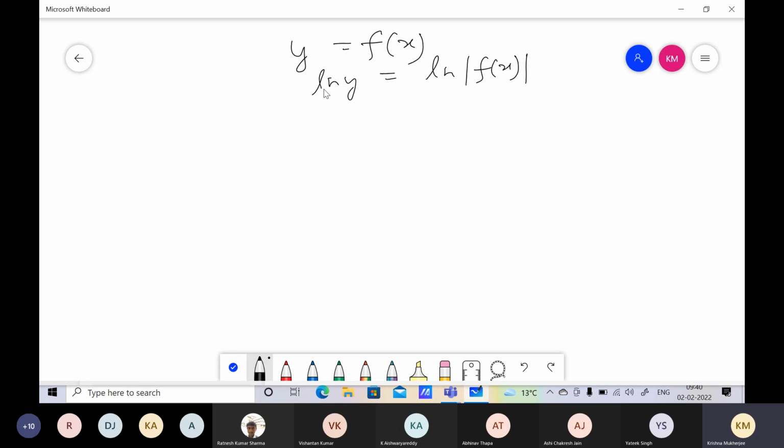And of course, dy by dx is nothing but f prime x, right? And so 1 upon y dy by dx is equal to, you can see where I'm going here.